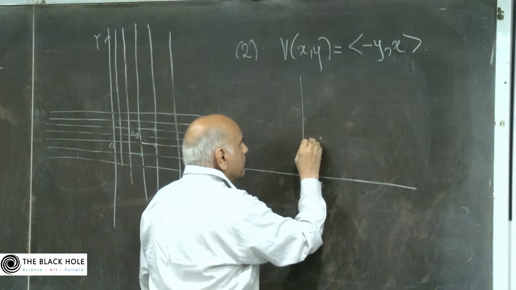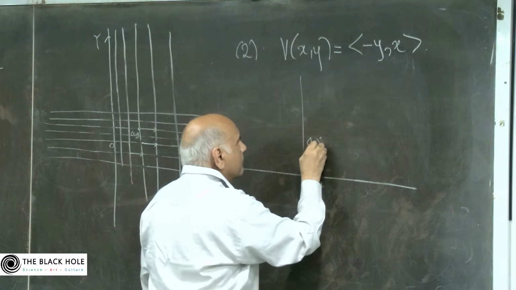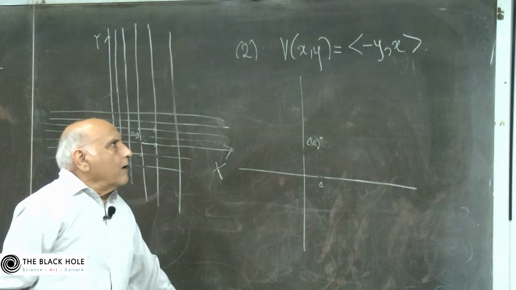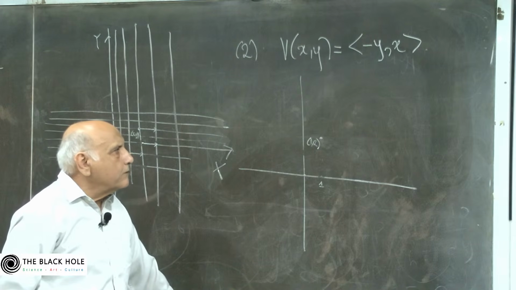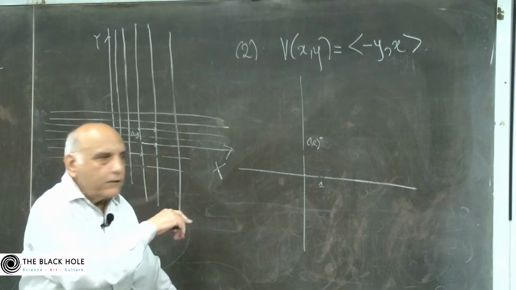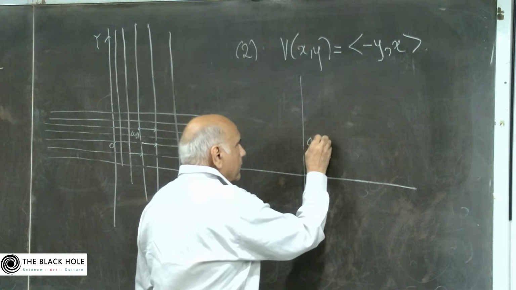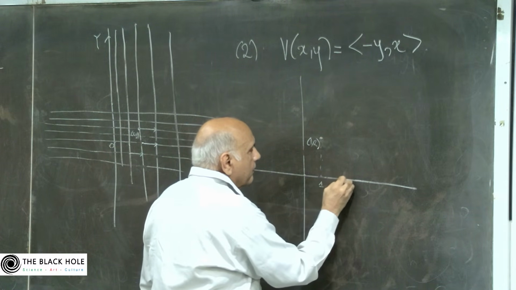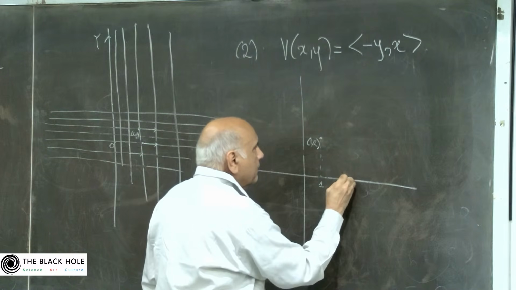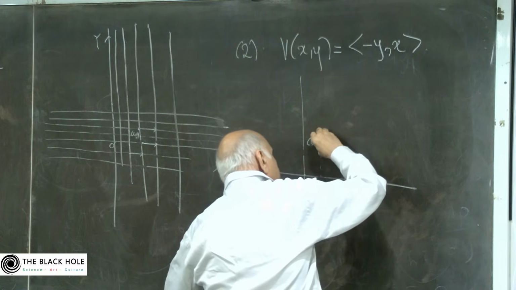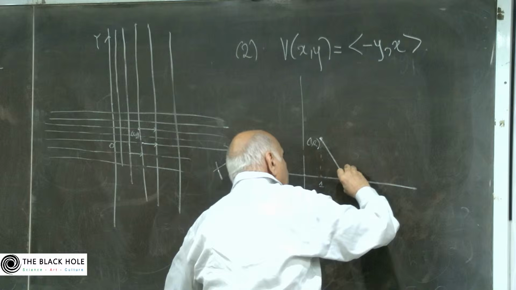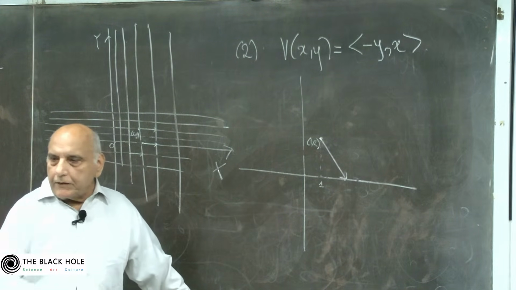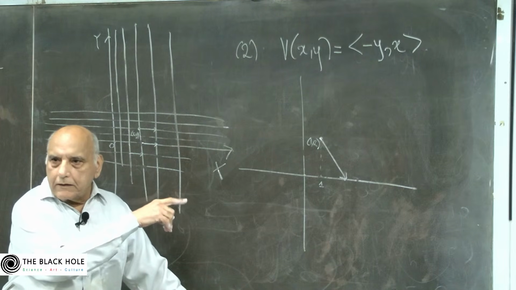This is the point (1, 2). Now starting from here, what do I have to do? Minus y, x. So I have to go down 2 units, and I go 1 unit, right? So this is the value at the point (1, 2).